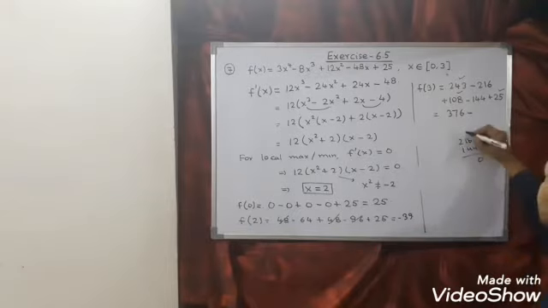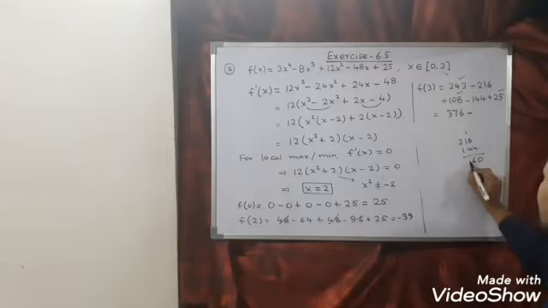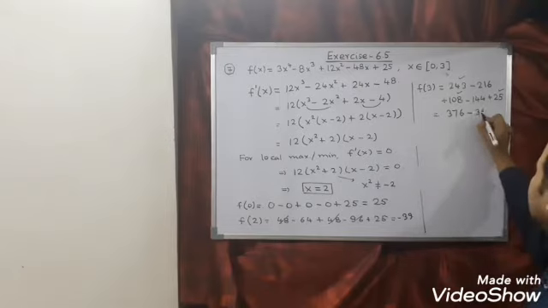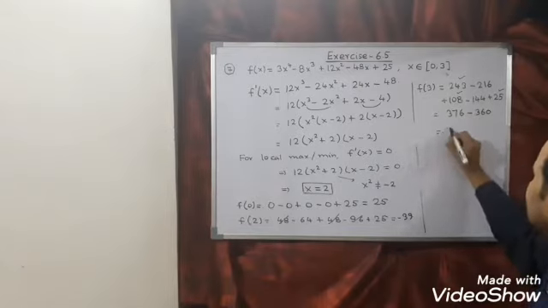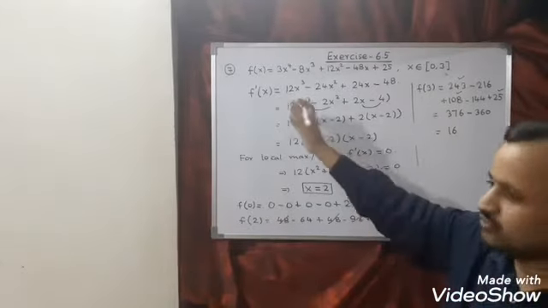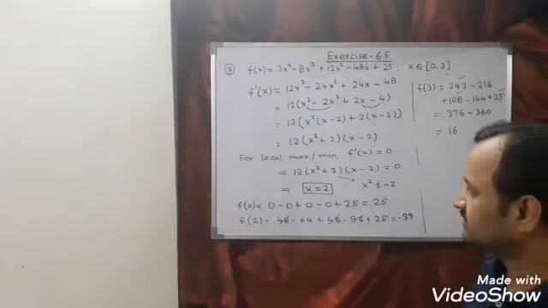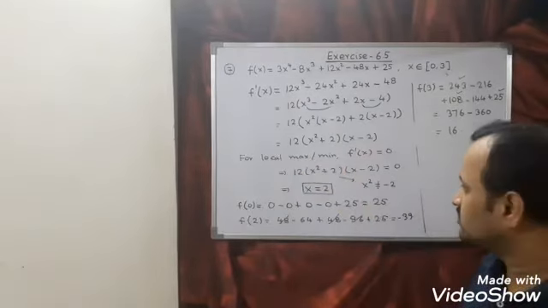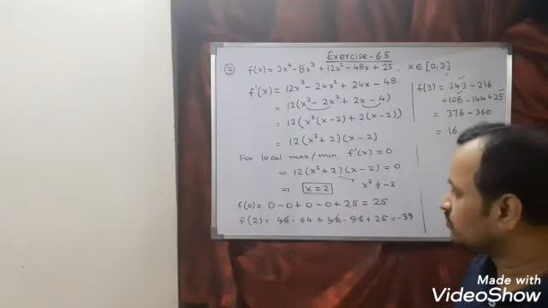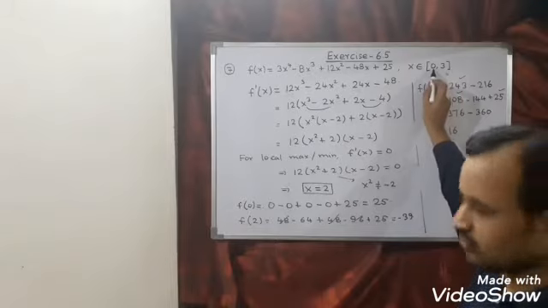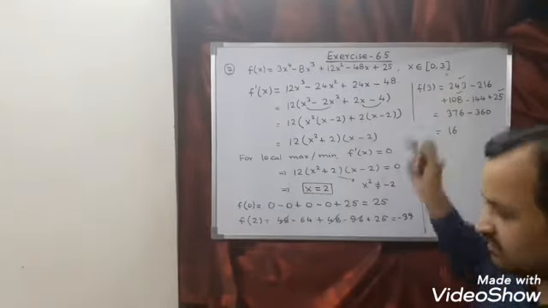So 10 will come, here 6 will come and 2 plus 1, 3 will come, right? So this value is nothing but minus 360. So which is nothing but 16. So what we did here is we found f dash x. Then for local min or local max f dash x equal to 0, we got x is equal to 2. And we found the corresponding values at x is equal to 0, 2 and 3.